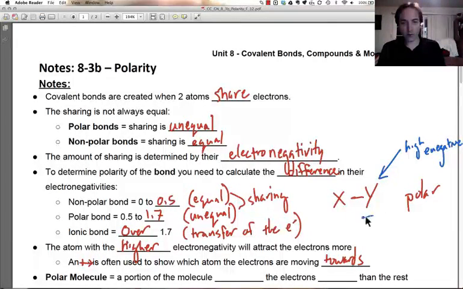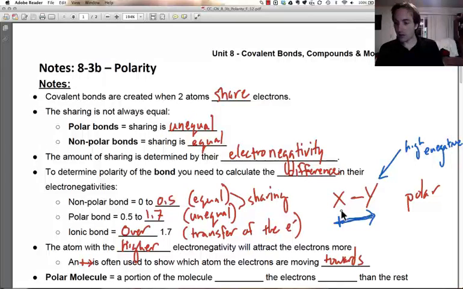So we would use an arrow pointing towards Y, running along the bottom, just underneath our symbol for this bond. The arrow points towards the Y end, and on the X end we put a little positive. Because the electrons are hanging out more with the Y, they're taking that negative charge with them, which means the X side will be slightly positive.